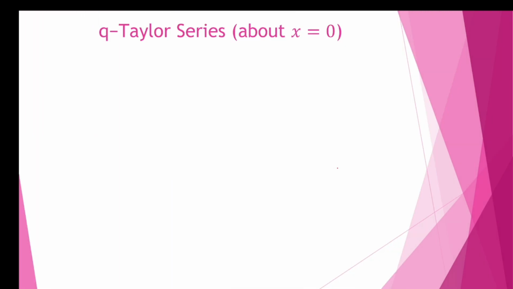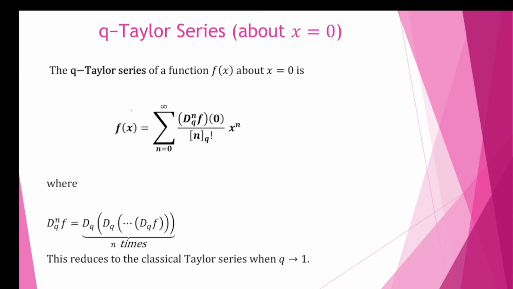Next we will move to the formal definition of the Q Taylor series. The Q Taylor series is defined as f of x equals the summation, n from 0 to infinity, of D_q^n, the nth quantum derivative of f at 0, divided by bracketed nq factorial, times x to the power n.